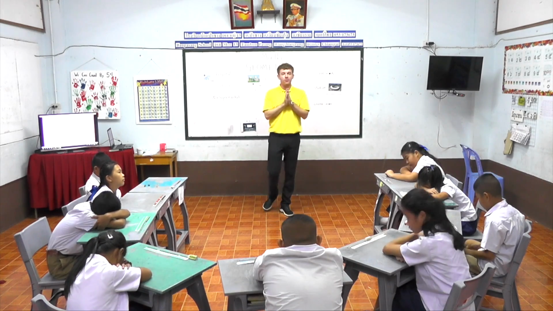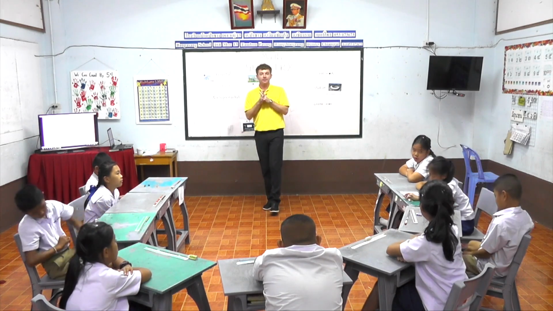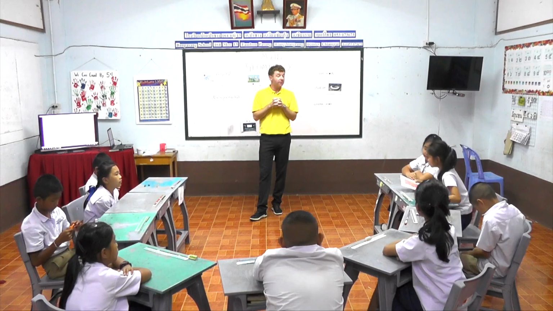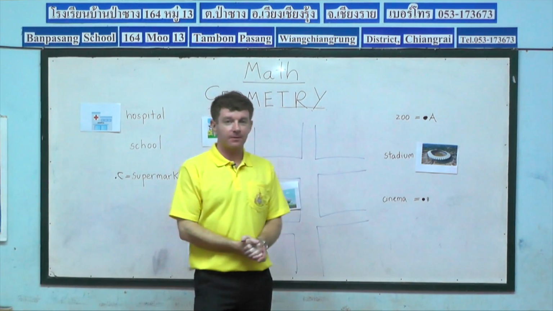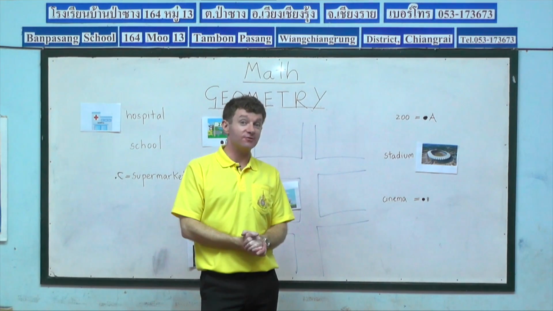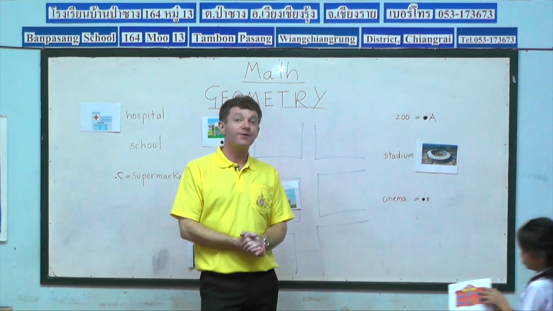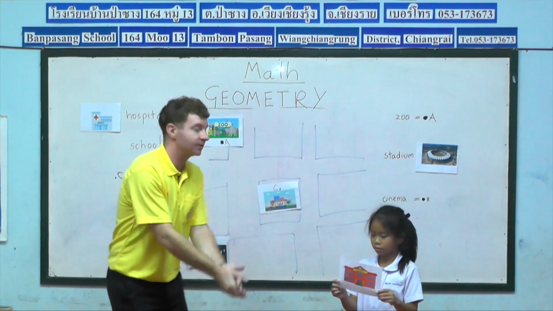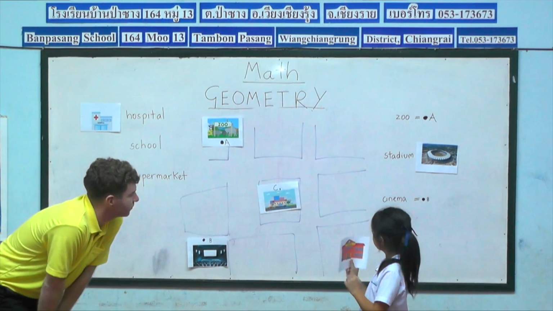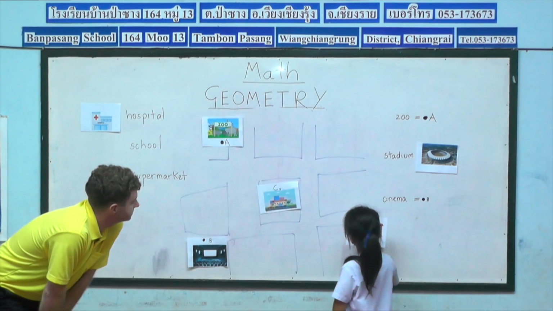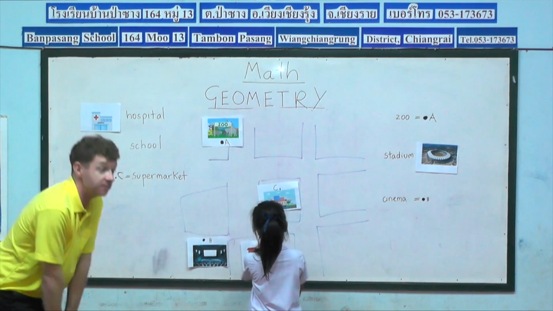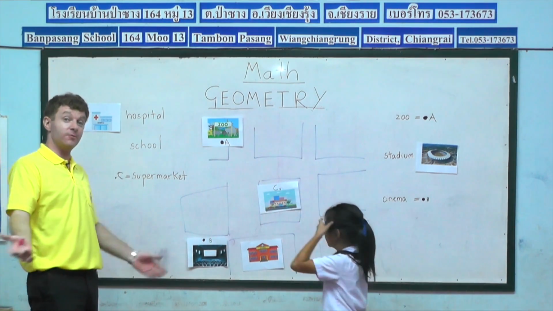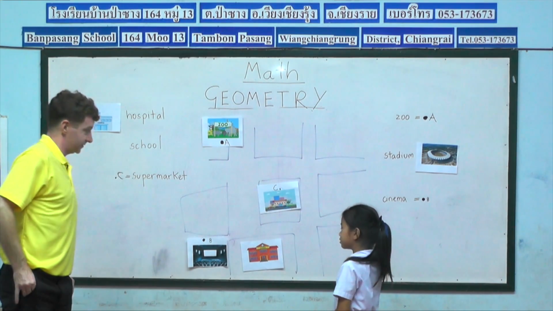Okay, let's open our eyes, guys. Who has the flashcard now? Prel, come and join me at the front. Prel is the lucky one. She has the flashcard of school. So Prel, where would you like our school to be on our map? By the cinema. Good idea. After school, we can go to watch the movie at the cinema.